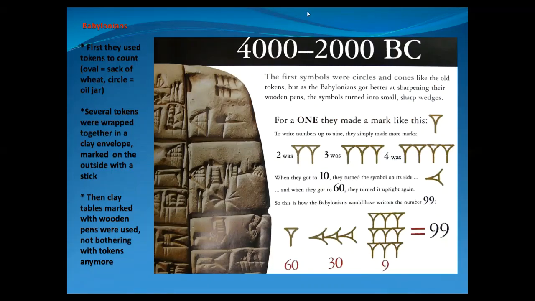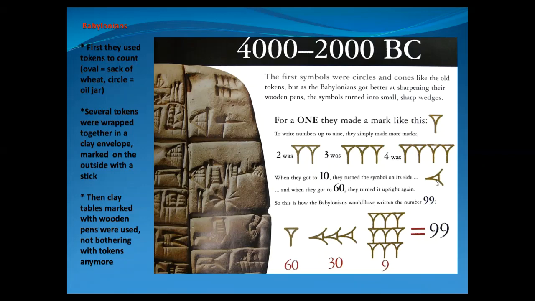For writing, they use this symbol for 1. For 1 to 9, it means 9 of this symbol. In case we have 10, it will be on its side, so this will be the symbol. So 10, 20, 30, 40, 50.